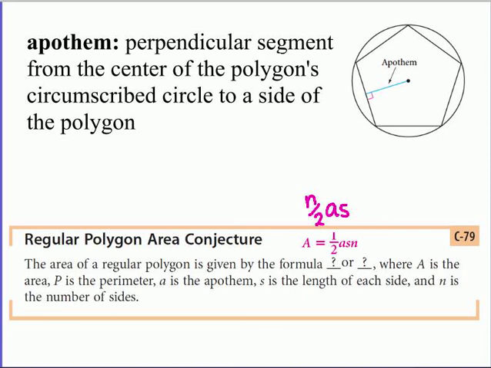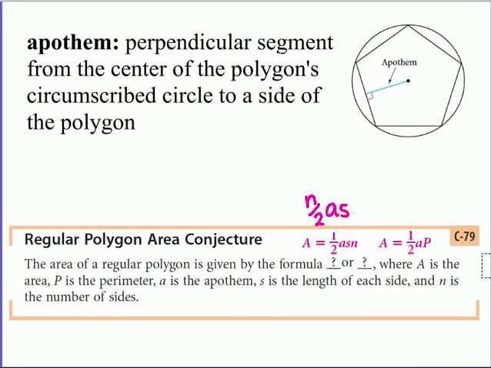Any ideas? P equals S times 5. So the other one is 1/2 A times the perimeter. Let's think about that real quick. Perimeter is the distance all around.